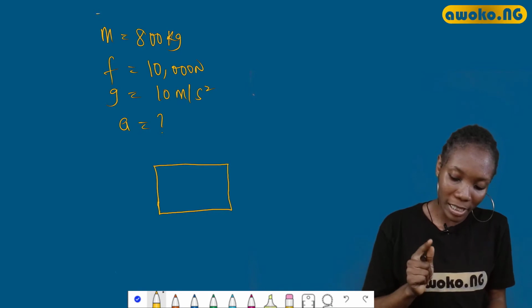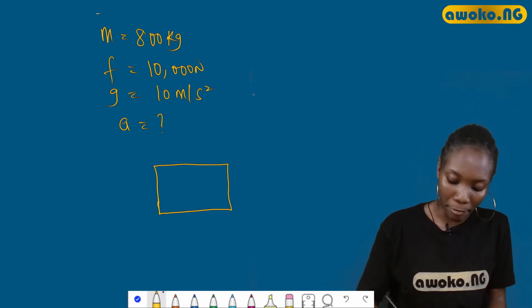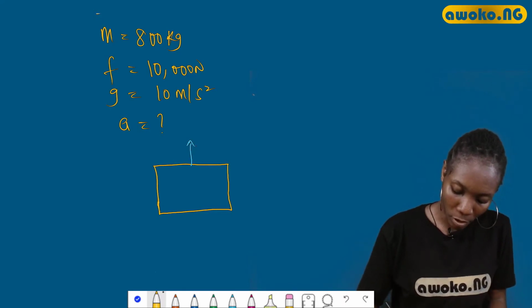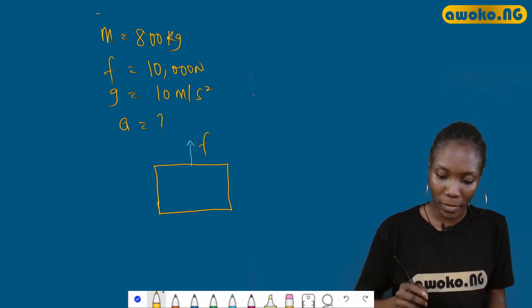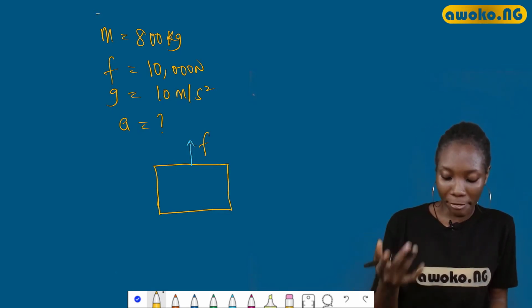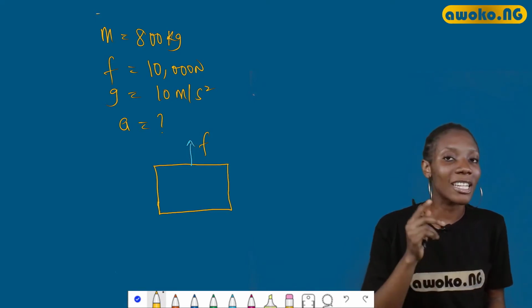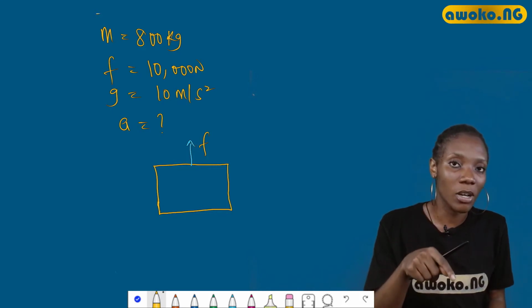Now the question said that the object is lifted up vertically by a force. So this is indicating the force F, which is 10,000 newtons. Now, definitely, like I explained with Newton's third law of motion, there will always be an equal and opposite force acting, right?